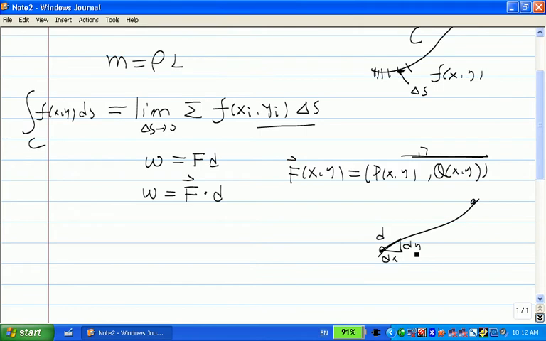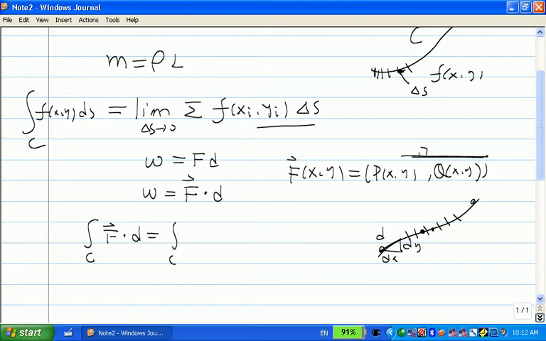It has two components. Since the force is not the same at every point, your force could be different, so we do the same thing. We break this into many strips, and you can treat the force as a constant on each. Therefore, we have another kind of line integral, which finds the work that has been done.